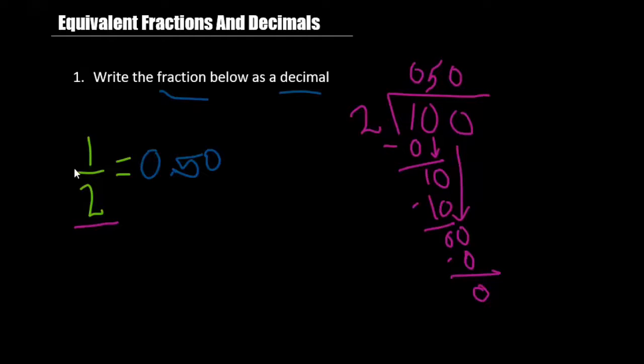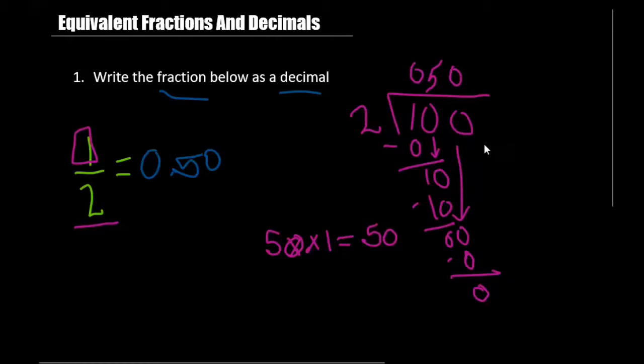And now, what we do with the numerator is we multiply the numerator by the quotient. So 50 times 1 is equal to 50. But one step that makes a whole lot of difference is that when you're dividing by decimals, you usually have a decimal point right here, because 100 is equal to 1 whole.